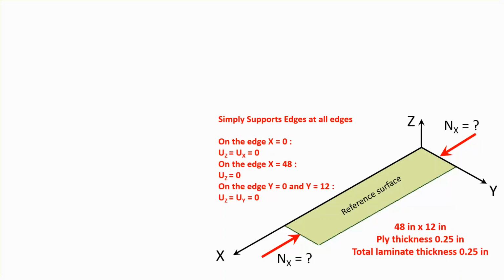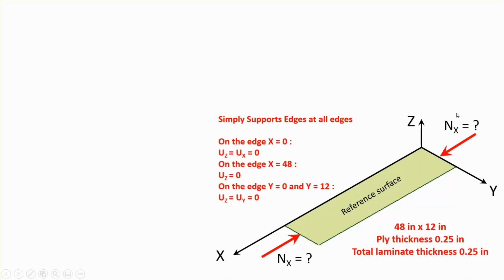Okay, now this is simply supported on all 4 edges, and we are applying a compressive force Nx, and we'd like to know what the buckling load Nx is. Now notice that here I have drawn Nx on both sides, but in reality all I needed to do was to draw one Nx, for example at the left side you can see, and the Nx on the other side is really the reaction force caused by the simple support over there.